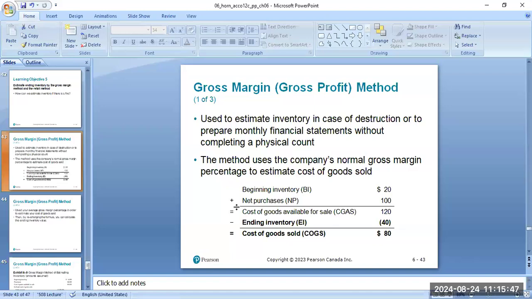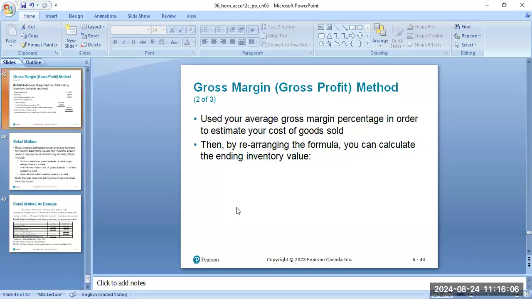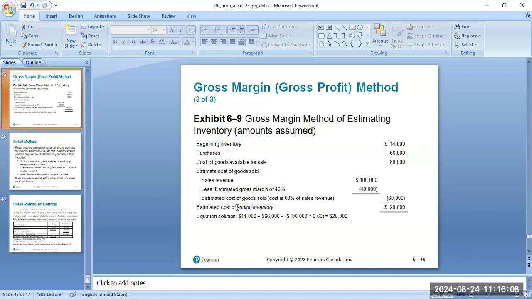Next thing that we have to do is calculate the ending inventory to come up with the cost of goods sold. We're going to use the average gross margin percentage to estimate the cost of goods sold. Once we have the cost of goods sold, then our life is easy. So, let me show you this on the Excel spreadsheet. And then we're going to go back to the slides and explain the slides.